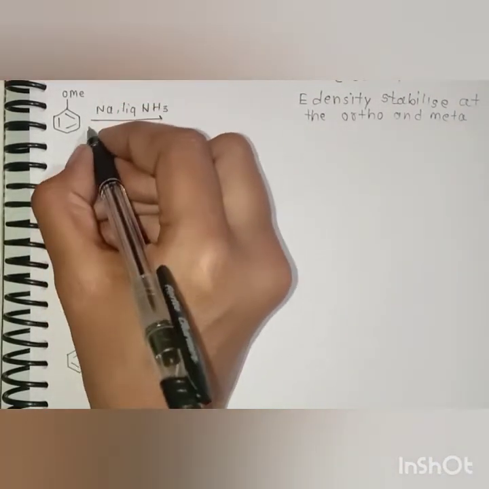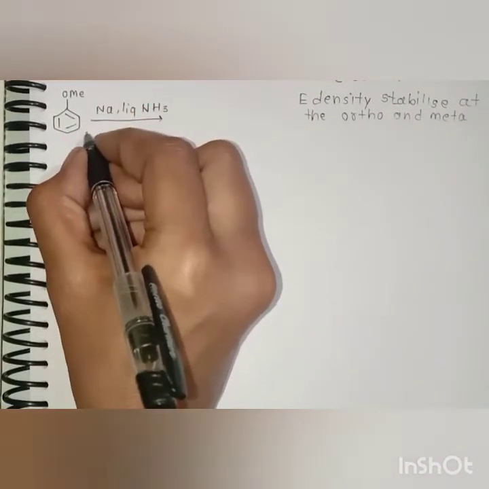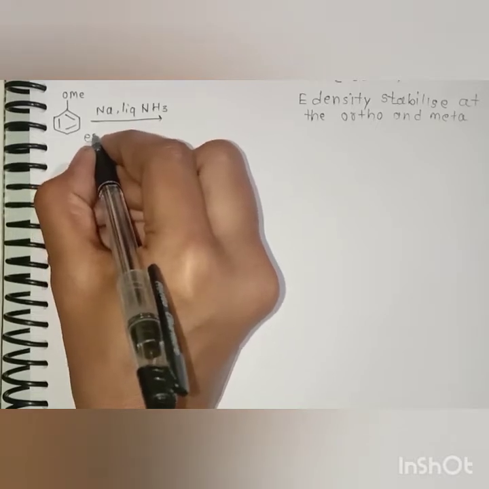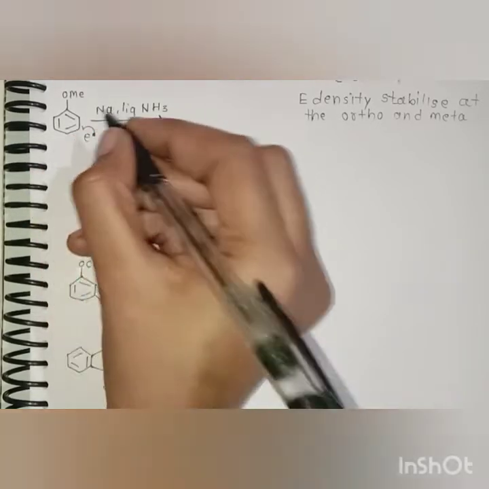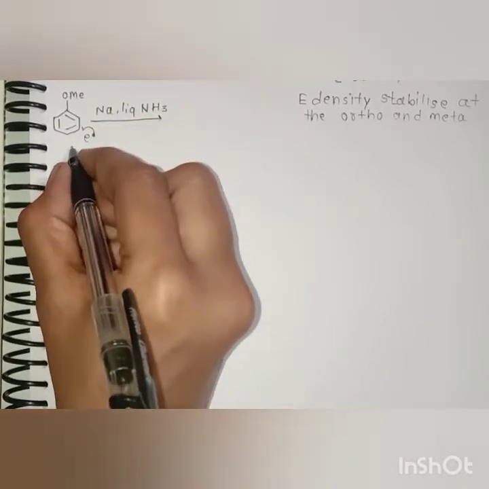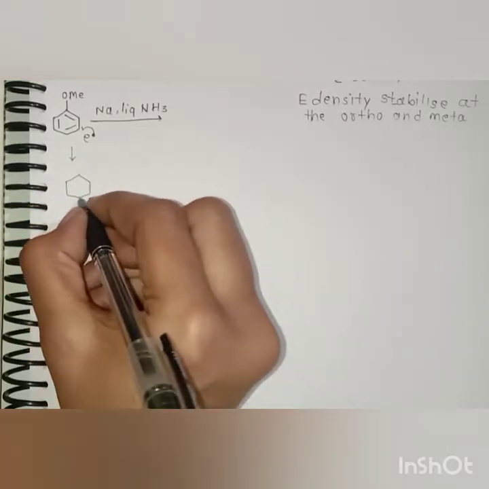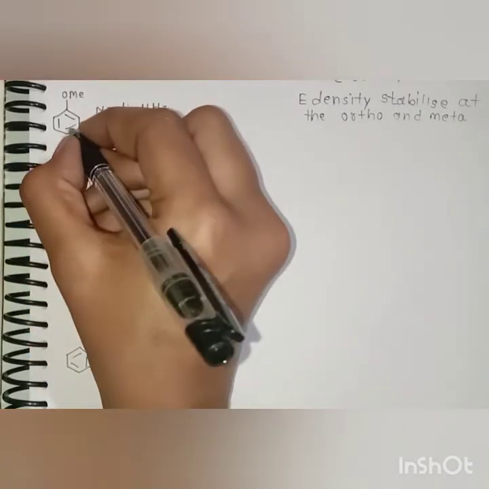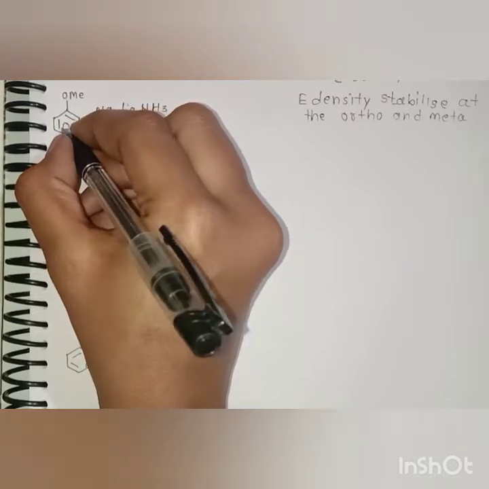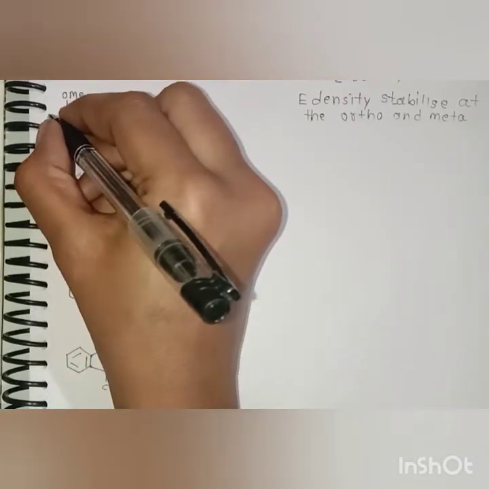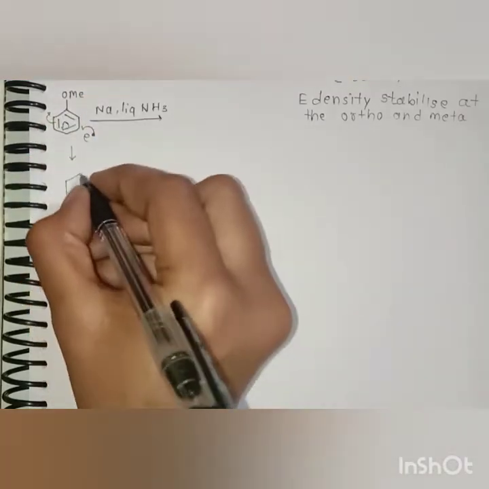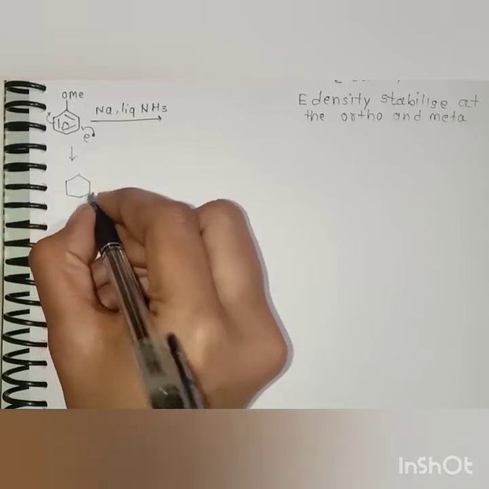Therefore, what happens? This sodium donates an electron at the meta position, and then this bond shifts here and we will get the negative charge here.